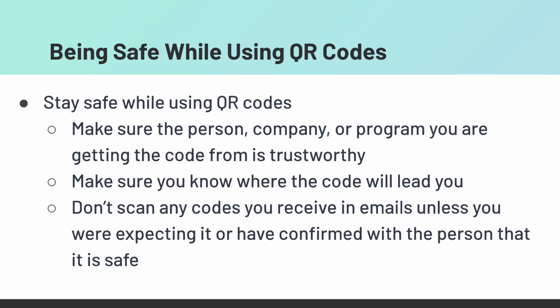Knowing what is going to pop up on your screen when it gets there will help you to know if there's anything that's not going right or something that is not supposed to be there. And third is don't scan any codes you receive in emails unless you are expecting it or have confirmed with the person that it is safe. Because there are many people out there that are sending phishing emails and emails that take you to links that attack your computer. Just make sure that you're only scanning codes that you know where they came from.